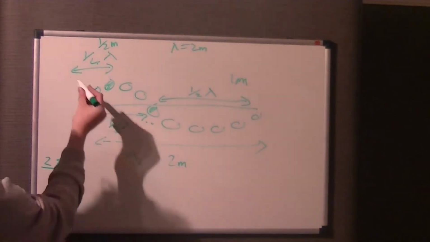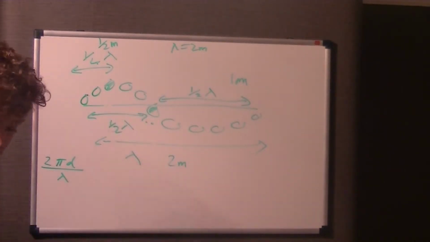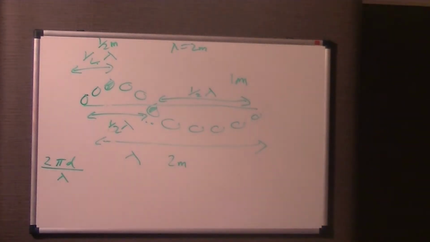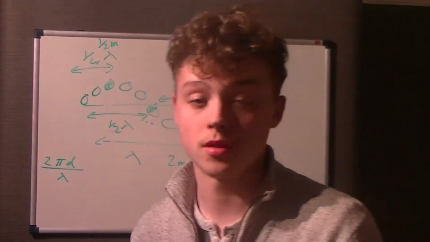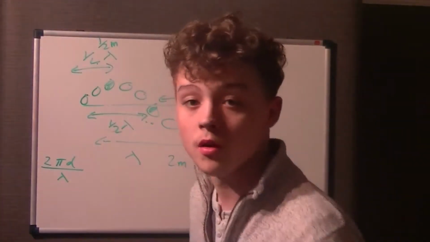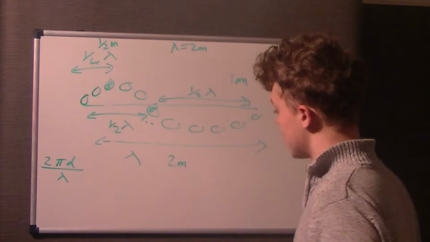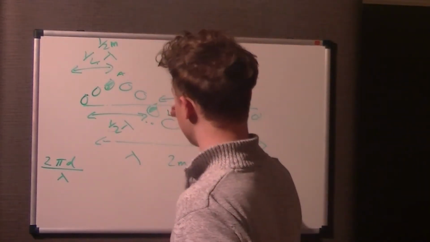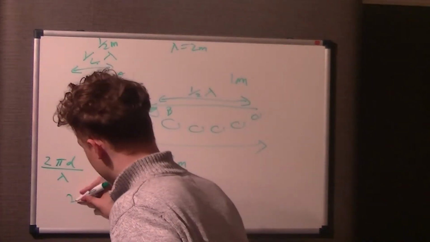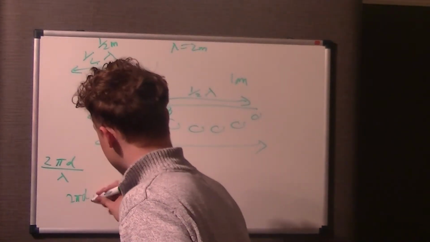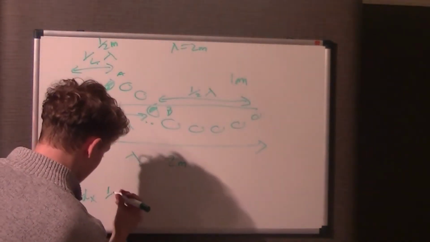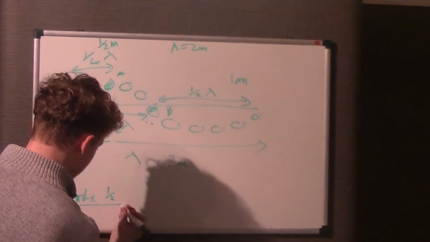So, as this is a quarter, let's do the phase difference for this one. I should have got a calculator, but you can do it on yours if you want to find out the actual phase difference. So 2 pi d over lambda. Let's call this A, let's call this B. So for A, 2 pi times, that's half a metre, so times a half, in metres, over 2.